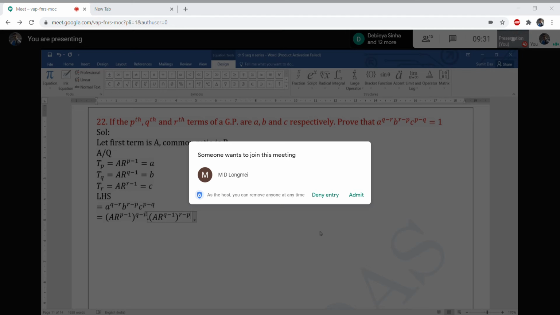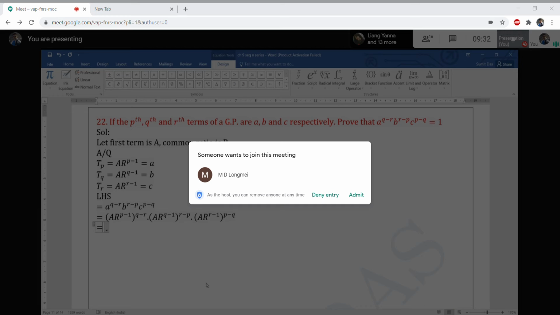Then the c value is A R to the power r minus 1, whole to the power p minus q.